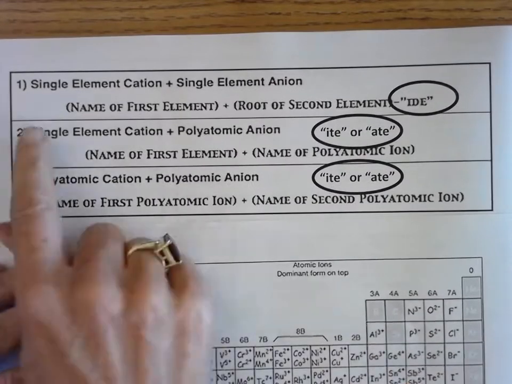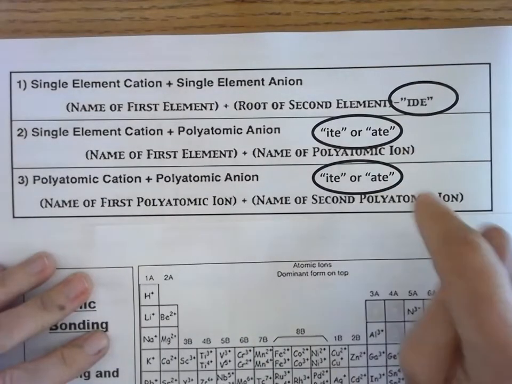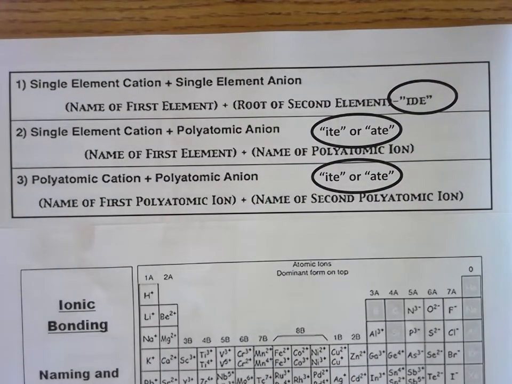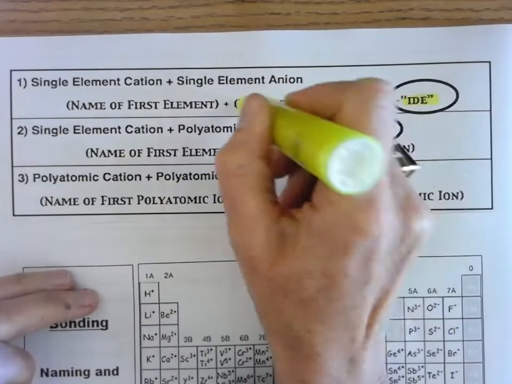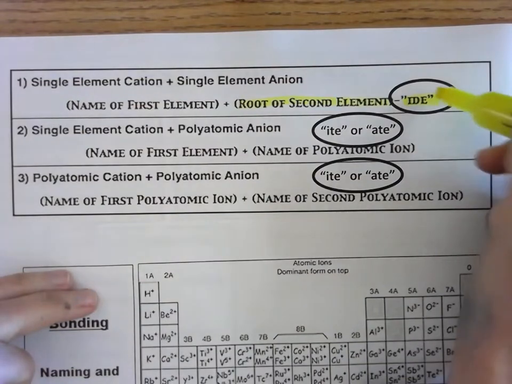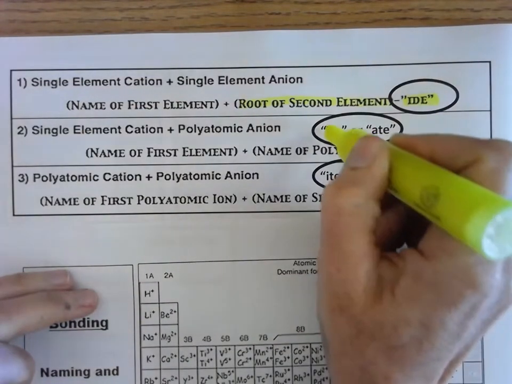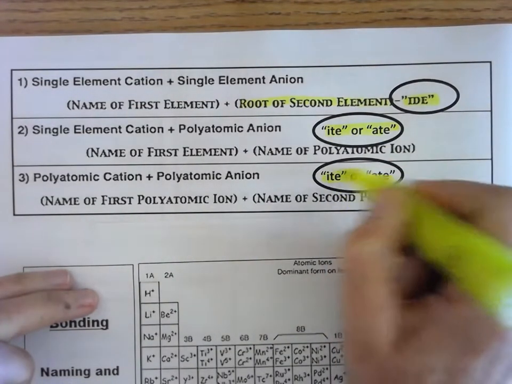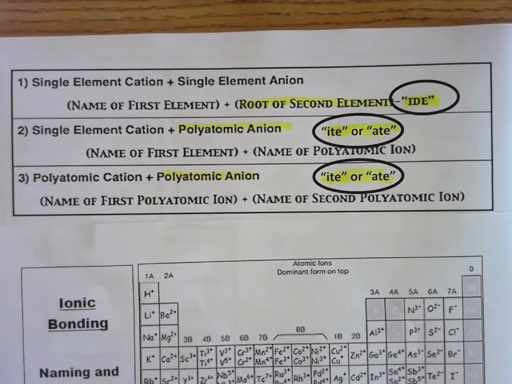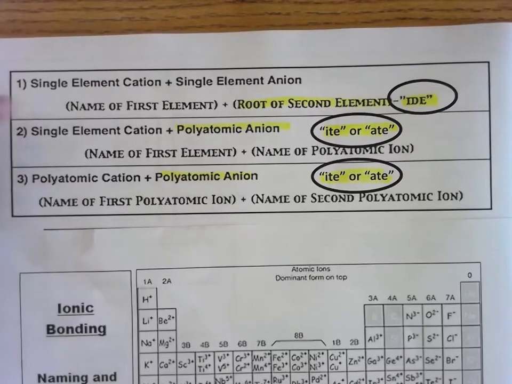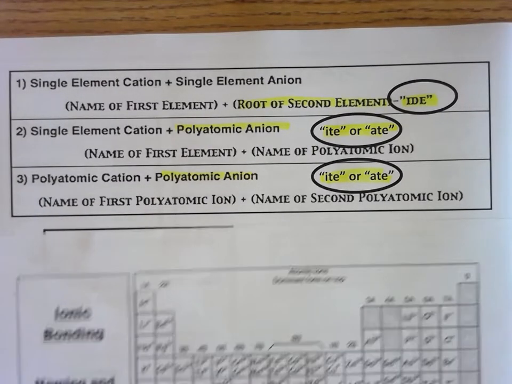We have these endings, and I would like you to highlight these endings. Ide is the root. You take the root of the second element, and then you add ide. These two, ite or ate, are for polyatomics. That's how you know it's a polyatomic, and that's going to come in handy here in a second.